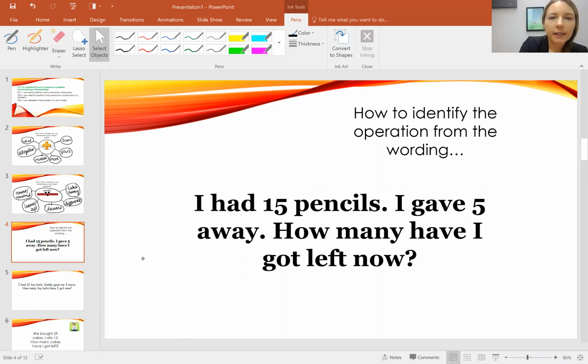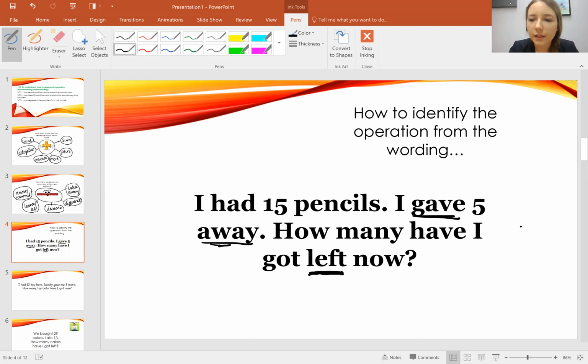So I can see that I've got the word left. That was one of our words from subtraction. We can also see the words gave away, and we know that that means that something is being removed, something is being taken from the amount.